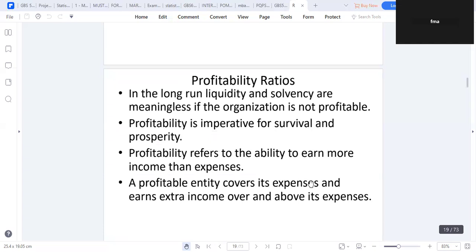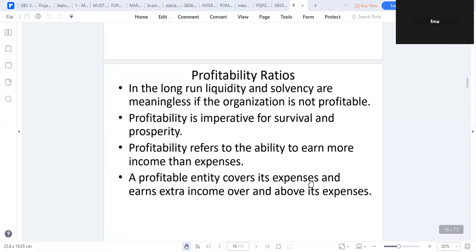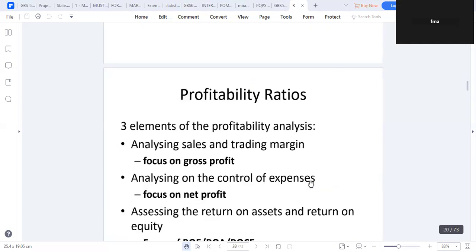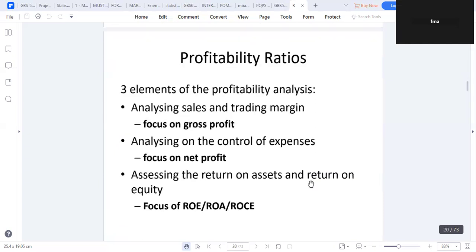So these profitability ratios also in the long run are meaningless if the organization is not profitable. The liquidity is meaningless unless the organization is profitable. So profitability is very important. It refers to our ability to earn more income over expenses. So we have three key areas of focus.